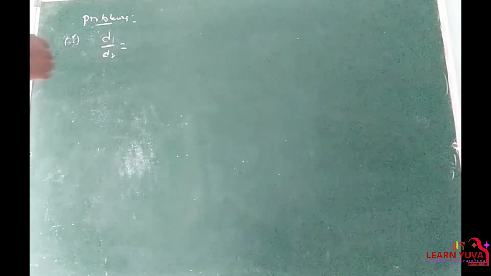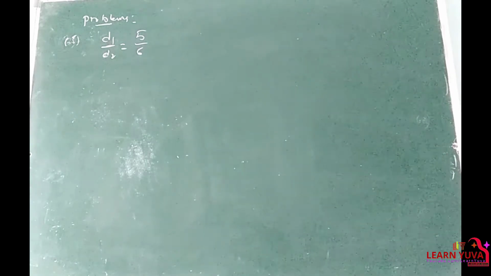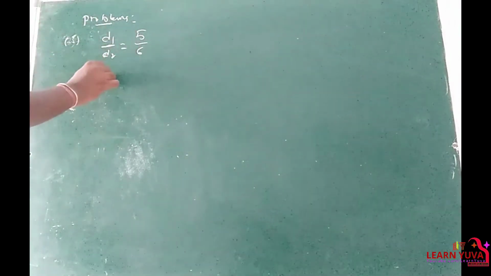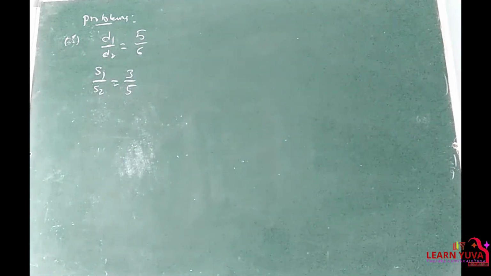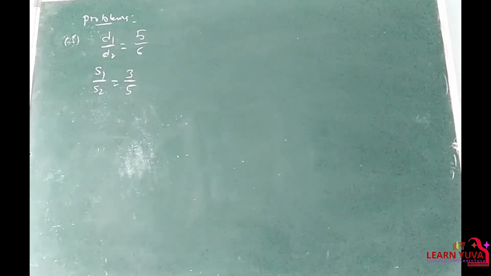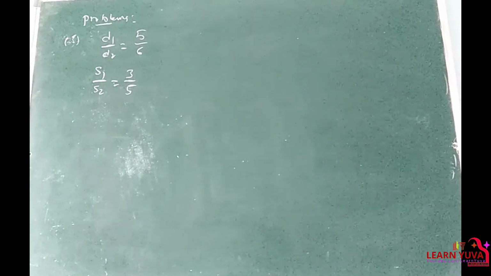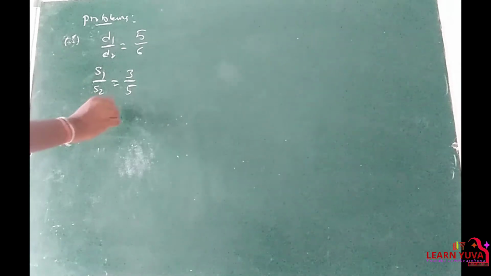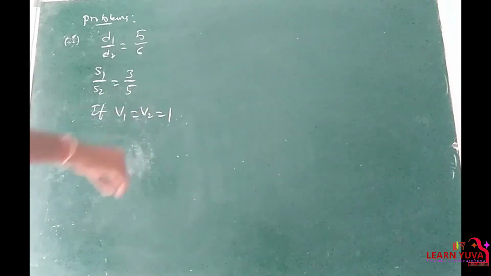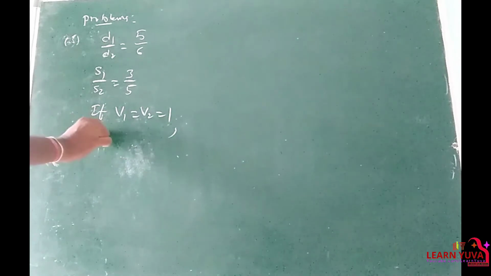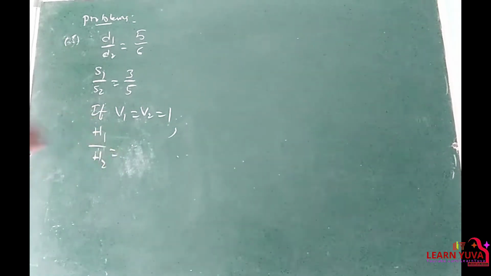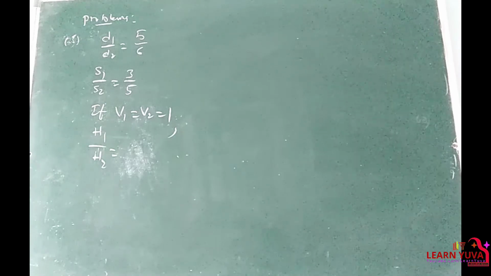The densities of two substances are in the ratio of d1 by d2 is equal to 5 by 6, and the specific heats are in the ratio of 3 by 5. Then what is the ratio of thermal capacities per unit volume? V1 is equal to V2 is equal to 1. Then the ratio of thermal capacities H1 by H2 we have to find out. Clear?